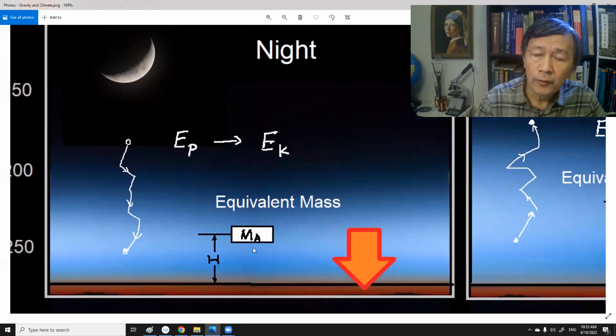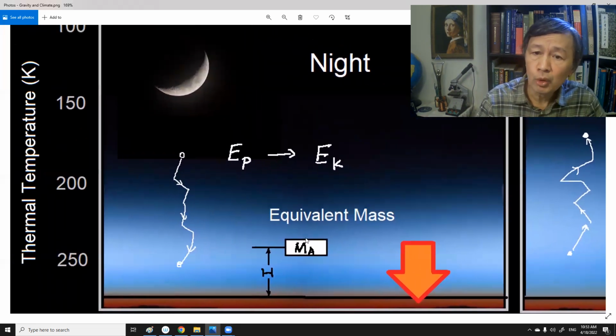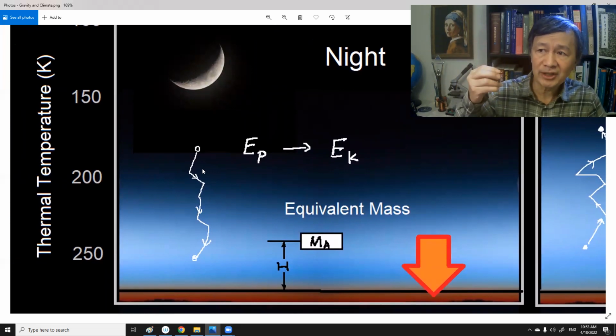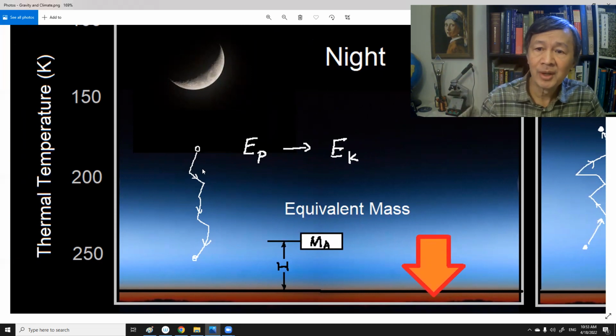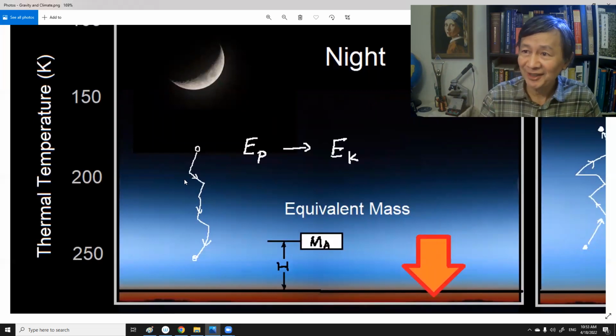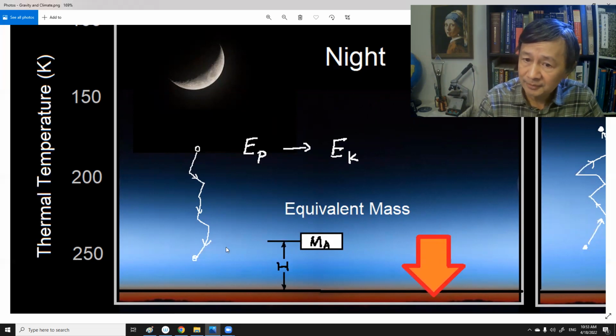However, an air molecule originally at a higher altitude with high gravitational potential energy will spontaneously drop. It's just like a free fall. If there's no collision, they just behave like a free fall and move toward the surface.